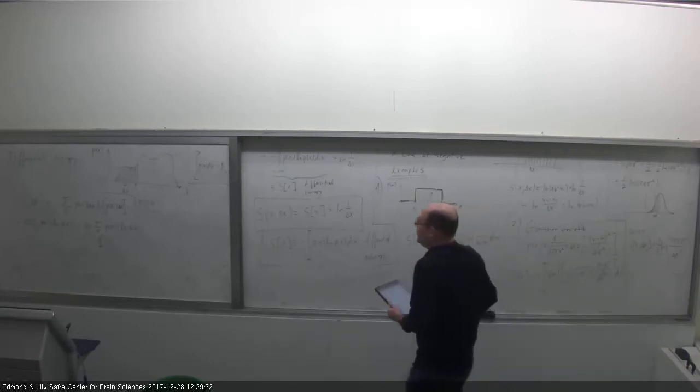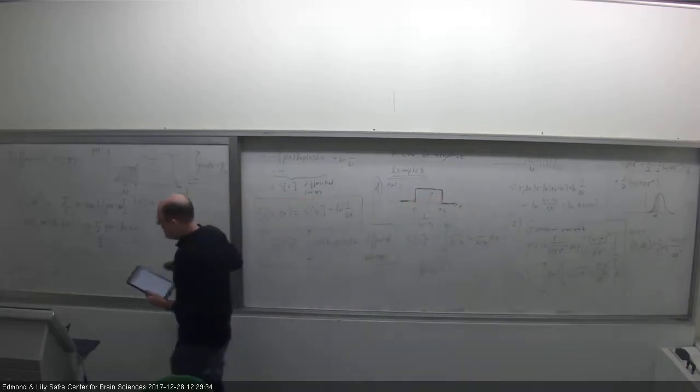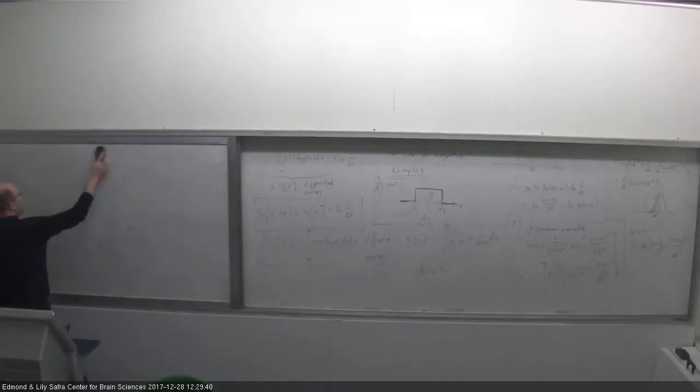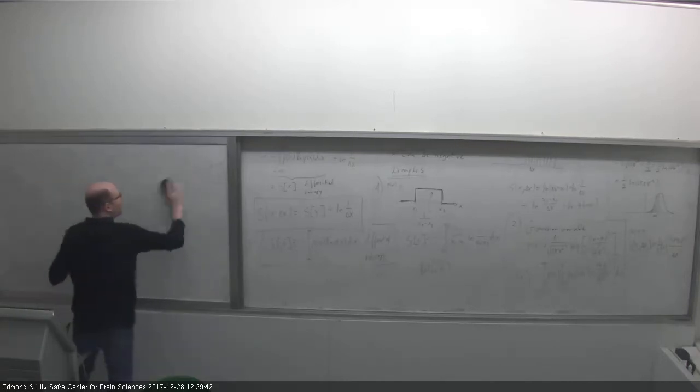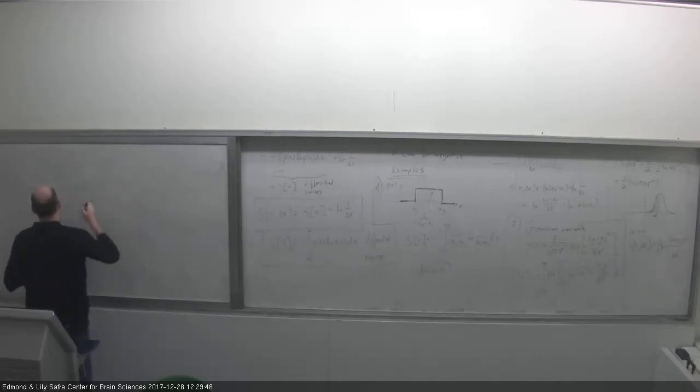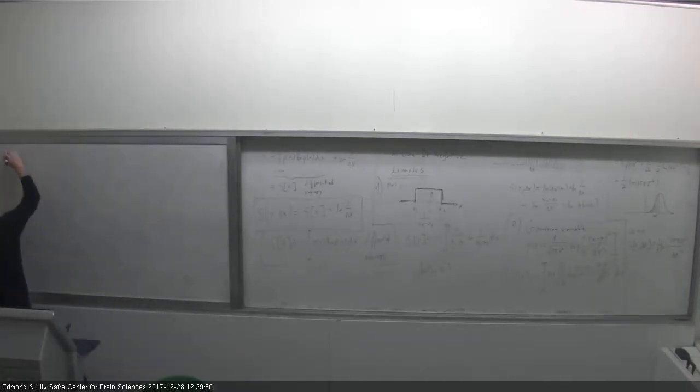Now the next example is, suppose that we have a variable x which is defined on some finite interval 0 to L, which means that we can think about it as a variable which is defined from minus infinity to infinity, but I already tell you that the probability to fall on a value less than 0 or larger than L is 0.